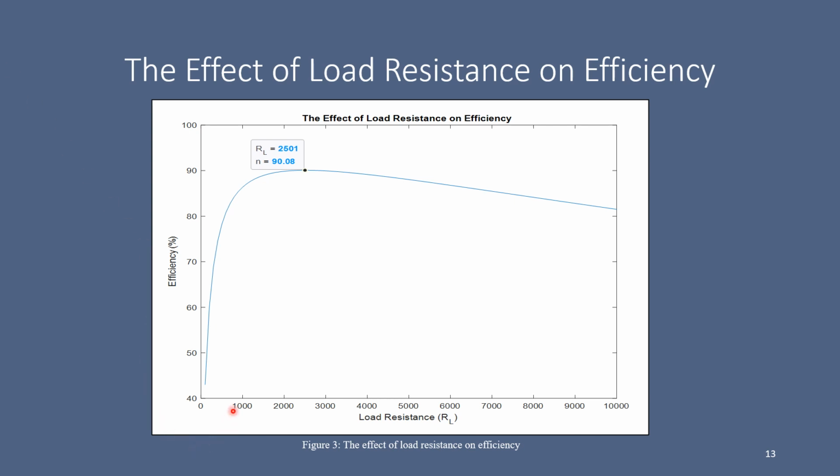It can be seen from the graph that as we move from 0 to 2500, there is a gradual increase in the efficiency and it goes to a maximum of approximately 90%. And also according to the graph, it can be noticed that in order to attain an optimum efficiency of about 80 to 90%, it is advisable to use load resistance values ranging from approximately over 500 ohms to say 2500 ohms.